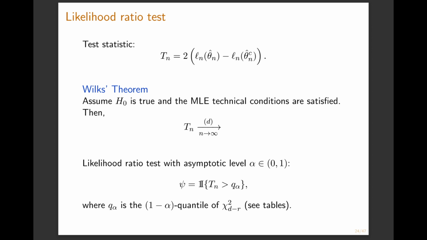and this is Wilks' theorem, which says that assuming H naught is true and technical conditions are satisfied, then the test statistic, which we defined in the earlier step, is equal to what? What do you think it is?